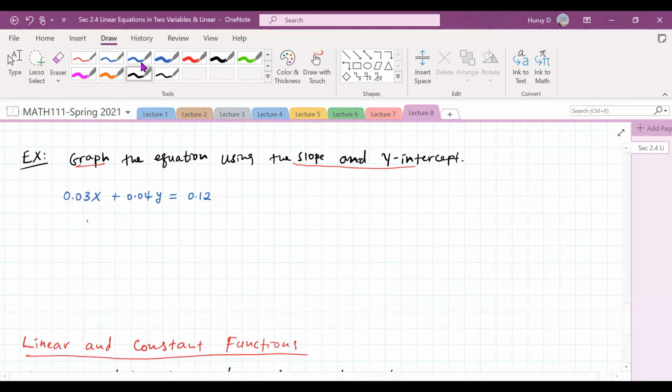So this becomes 0.04y equals 0.3x plus 0.12. Now this becomes negative because I'm moving it to the right. And now we divide all by 0.04.